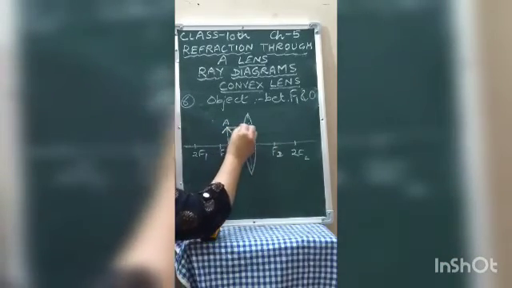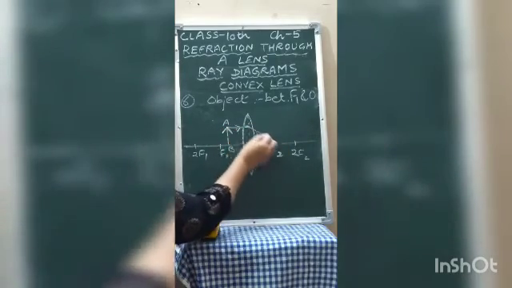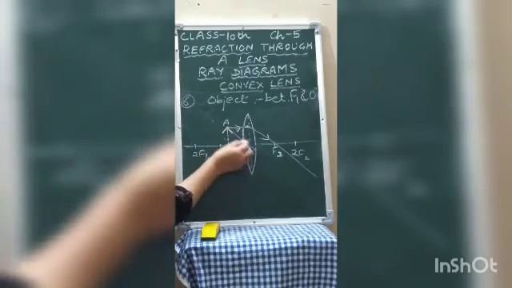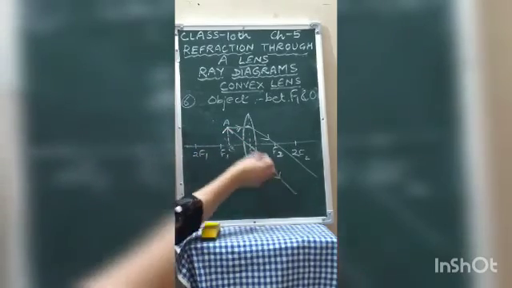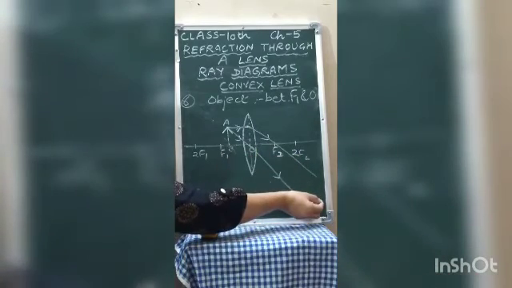Same two rays will go from the tip. One ray which is parallel to the principal axis will pass through the focus, and the other ray will pass through the optic center. Now since the rays are diverging, so they will never meet this side.